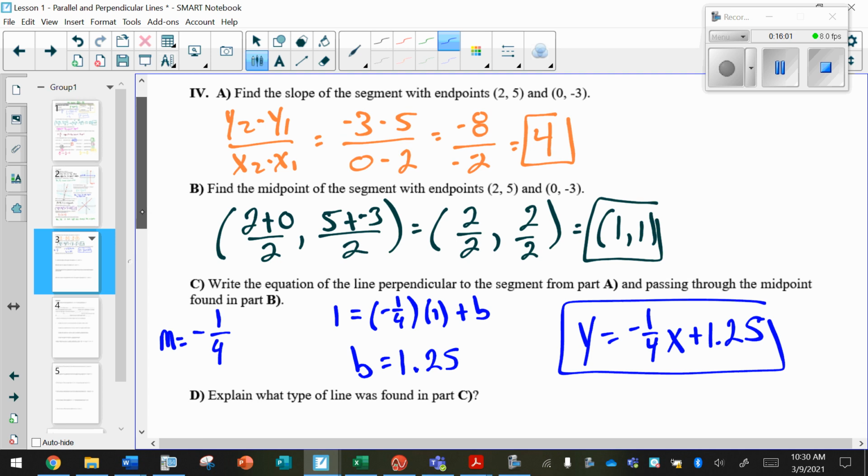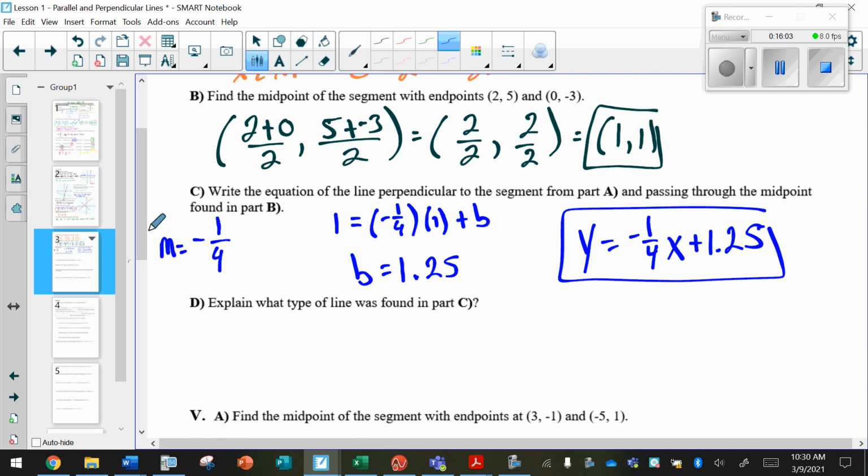So what type of line did we just find? Well, it was perpendicular to the original and went through the midpoint.